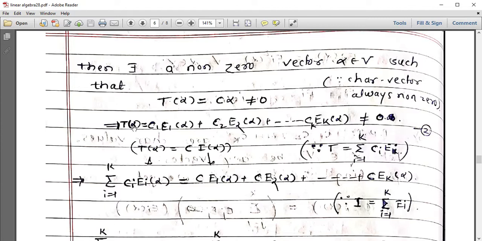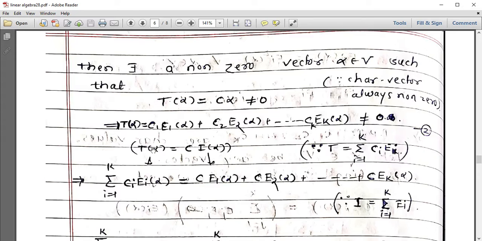Now this T can be written like this. That implies summation i equals 1 to k Ci into Ei of alpha, which is equal to this term.